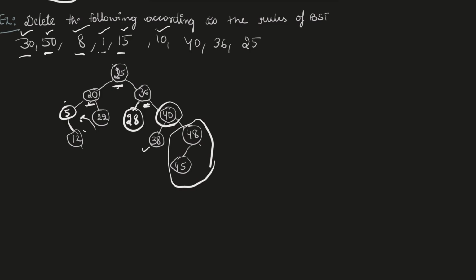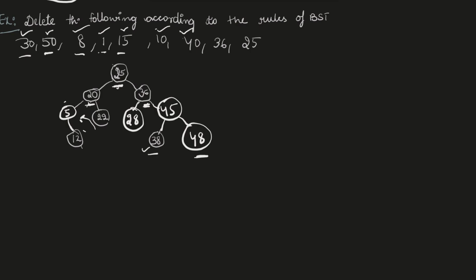So now we'll take the minimum element. Minimum element is nothing but 45. So we'll replace this 40 with the element 45. Let's see what happens. So we have replaced 40 with 45 and the other two elements are same in their place.